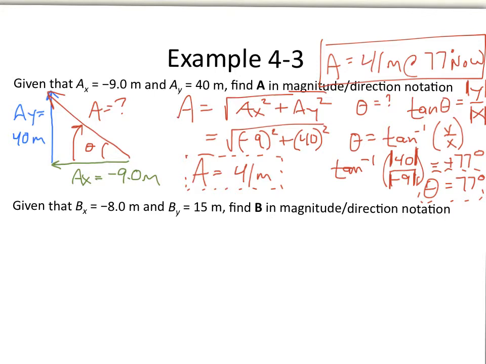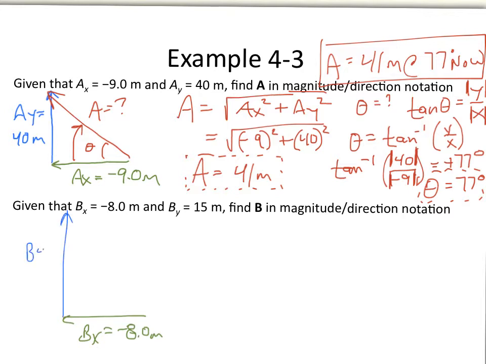It's not really part two, but it's a different vector. We're finding vector B right now. The x component of B is -8 meters, so Bx equals -8 meters. And the y component, once again, is positive. I'm going to make that blue, a little more proportioned this time.